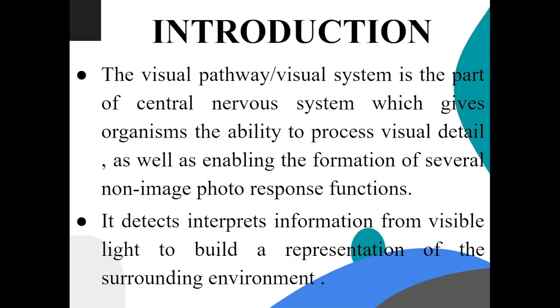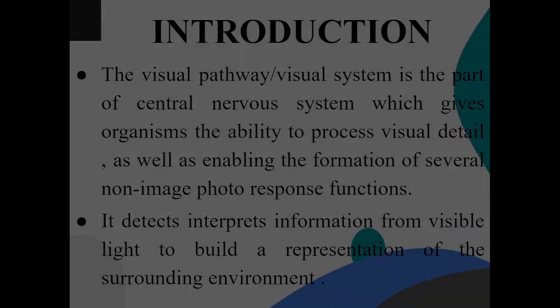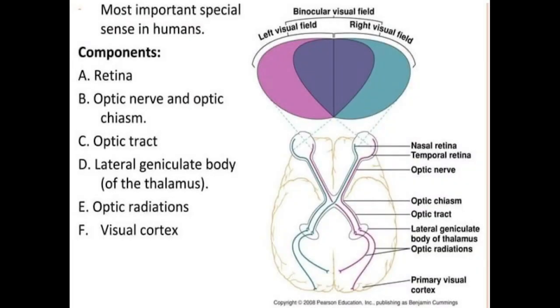The pathway begins with the retina in the eye, which contains specialized cells called photoreceptors that convert light into electrical signals. From there, signals travel through the optic nerve, which is a bundle of fibers that carries information from the retina to the brain.